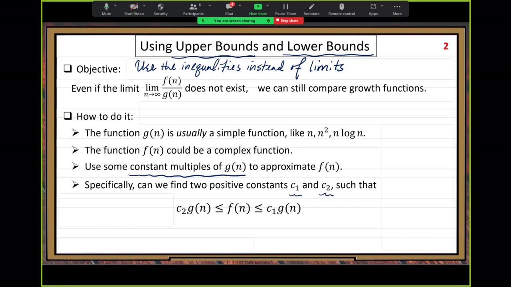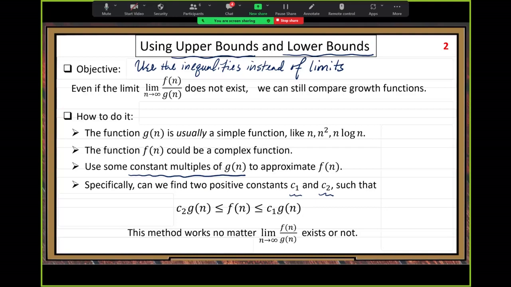No limits are used in this method, only inequalities. So this method works no matter whether the limit of the ratio of these 2 functions exists or not. That is the advantage of this method.